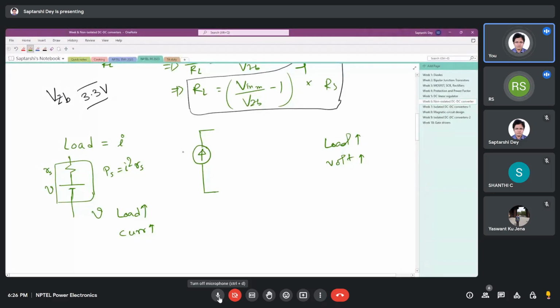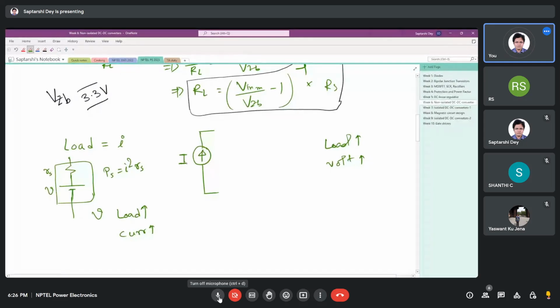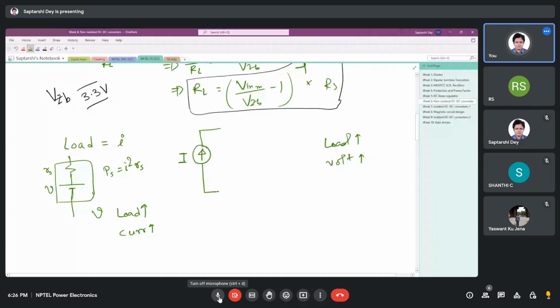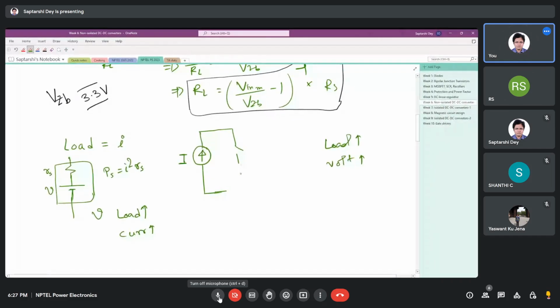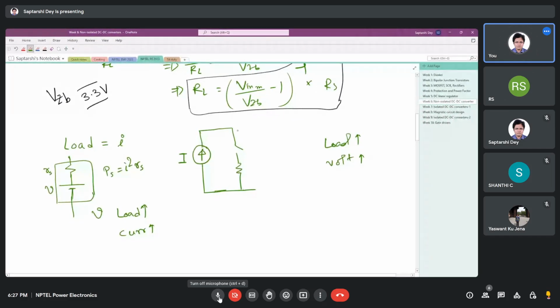So this is an ideal current source I. Just like we can short circuit an ideal voltage source, we can open circuit an ideal current source without any damage to it, okay? Remember, in a voltage source we connect loads in parallel.